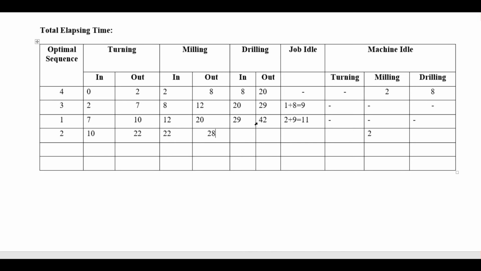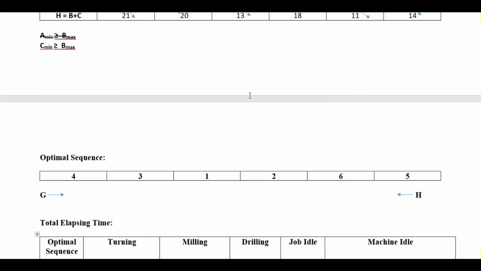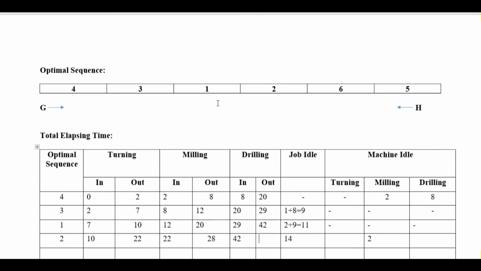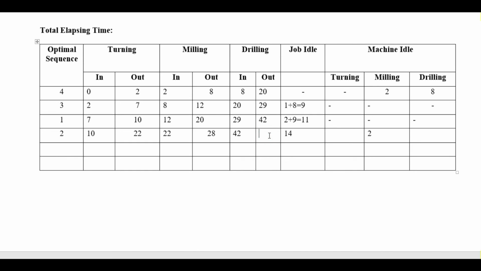After 42 minutes only the job can be loaded. So the job has to wait up to 14 minutes. So put 42 here, and the processing time of the second machine will be 14. So 14 plus 42, this is 56.